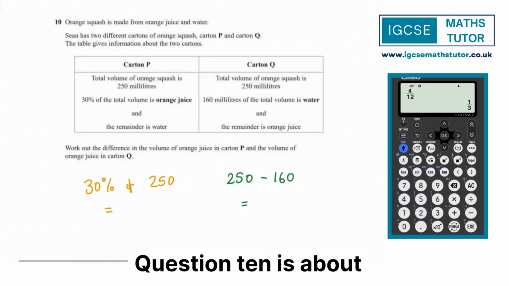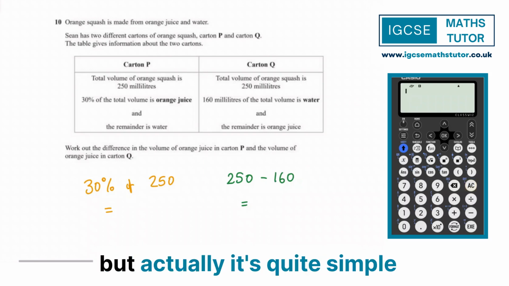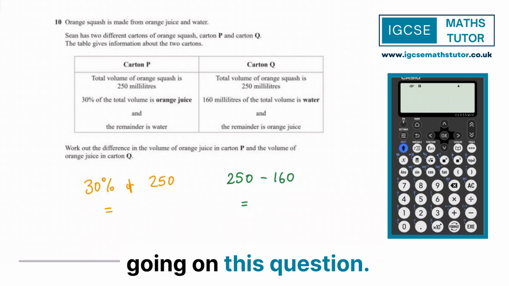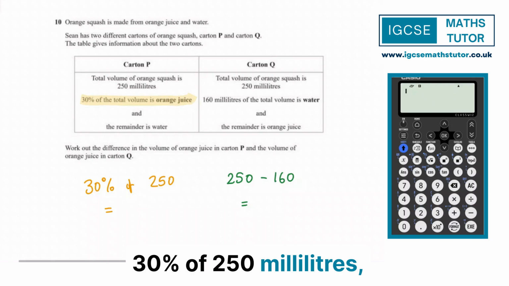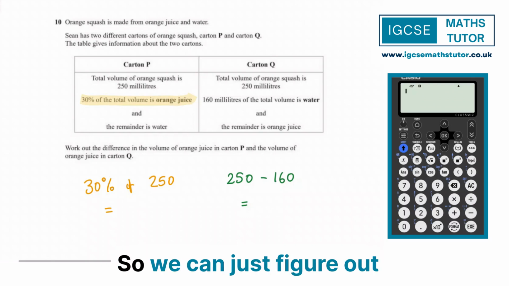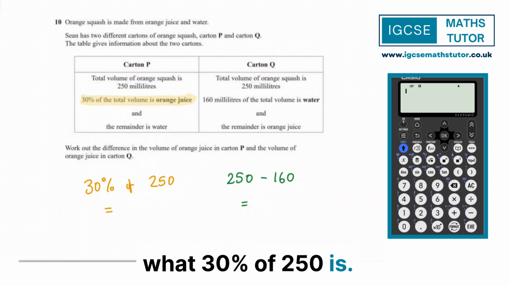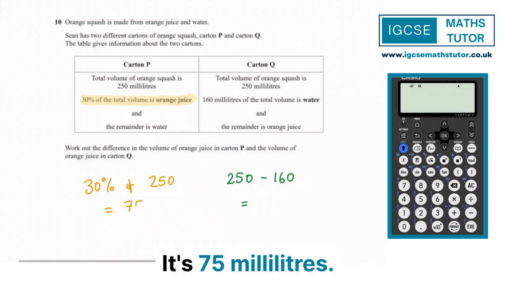Question 10 is about some orange juice. There's quite a lot of information in this table, but actually it's quite simple when you understand what's going on in this question. So 30% of the volume, 30% of 250 millilitres is orange juice. So we can just figure out what 30% of 250 is. It's 75 millilitres.